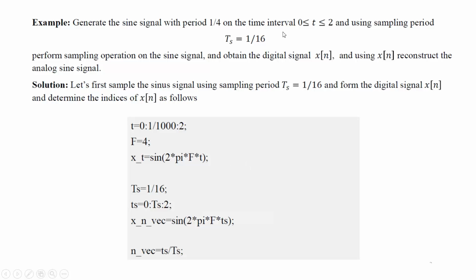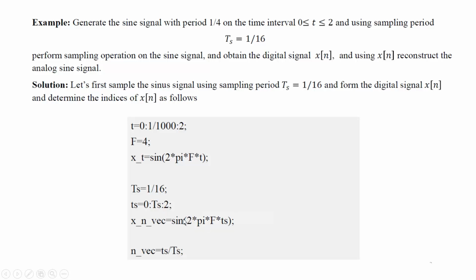Now Ts is the sampling period given, which is 1 by 16. I need a time vector from 0 to 2, which is the time interval given, with Ts as the sampling period at which we need to take the samples. So we create a time vector with step size equal to the sampling period, and xn vec is my digital signal that I get from sine 2 pi f Ts.